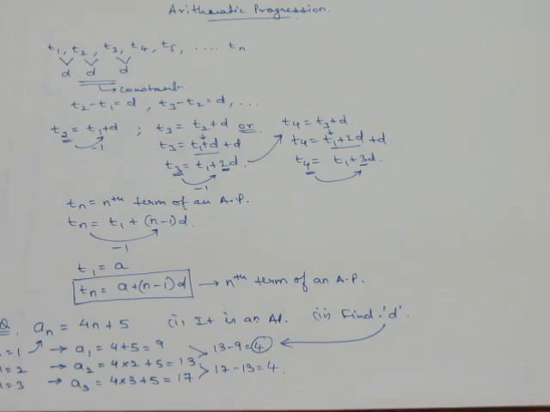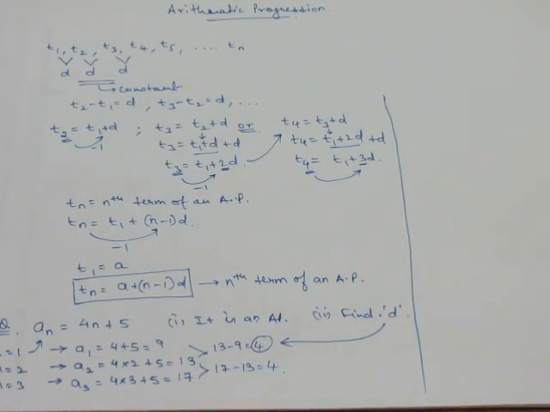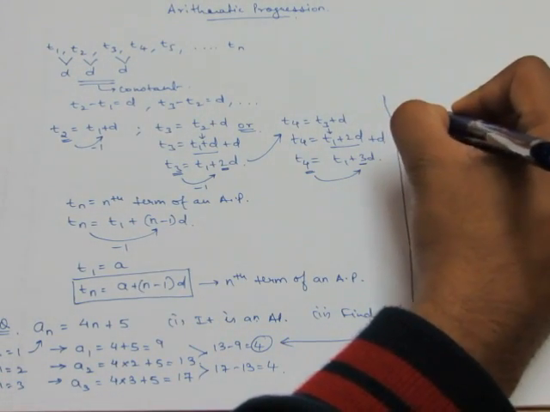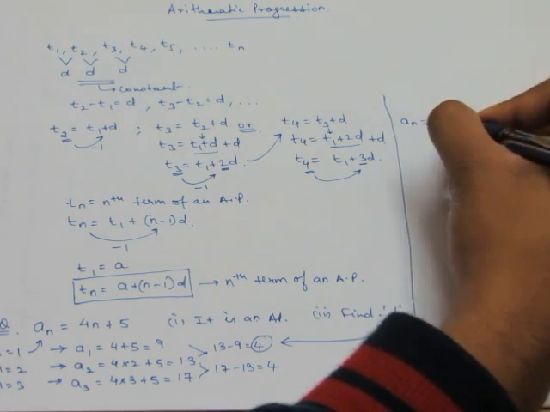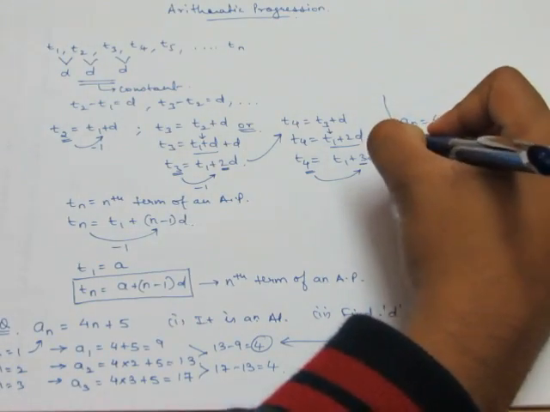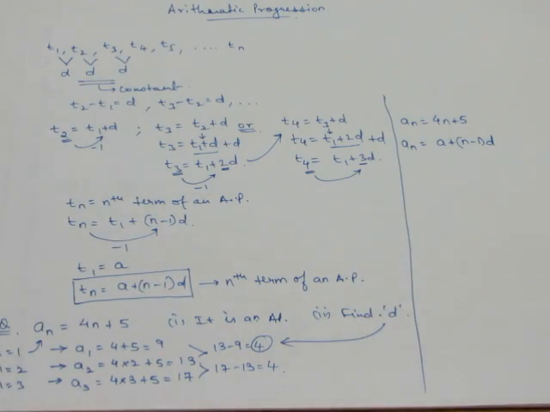Let's take a look at how we can solve it in a different way. I was given an equals 4n plus 5. Right. What is an in general? A plus n minus 1 d. The general equation for the nth term of an AP is a plus n minus 1 d.